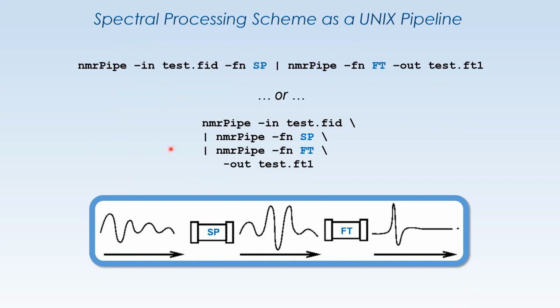So for example, we can have one program that applies window functions to all of its input vectors, and its output is a set of vectors where the window functions have been applied. And then that can be sent in a pipeline to another program that applies a Fourier transform to all those vectors, and so on. So it's a beautiful and simple concept, and it allows us to reorganize processing schemes as lines in a Unix shell script.